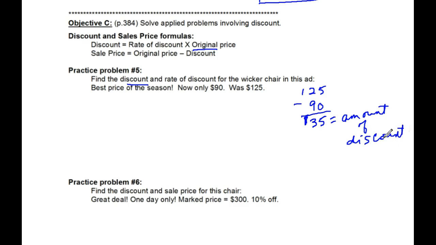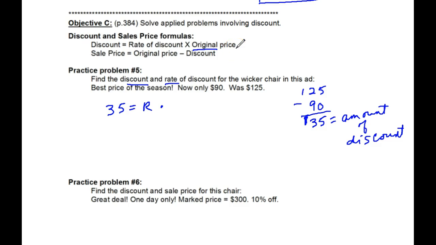I usually write amount because when it just says discount, sometimes people might think that that's the percent, but it's not. It's the amount of money that was off. So my $35, that's the discount, equals the rate, so that's what we're going to find, multiplied by the original price.